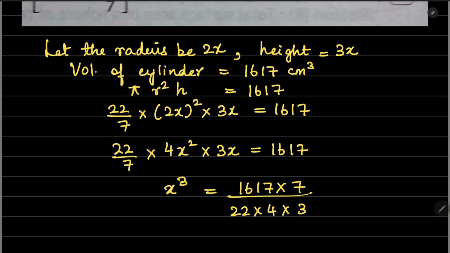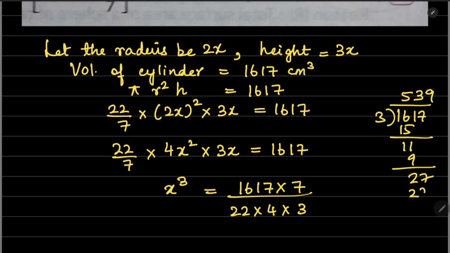Okay, so here it's difficult to divide, isn't it, since there is a big numerator. So let us see if 1617 is divisible by 3. 3 5s are 15, 11, 3 3s are 9, 27, and then 9 are 27.